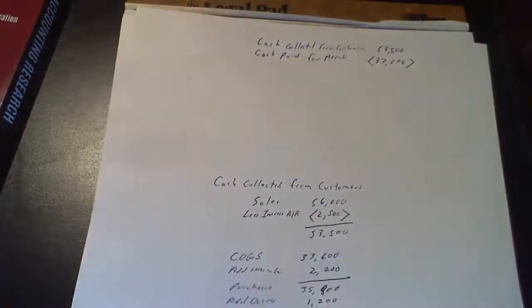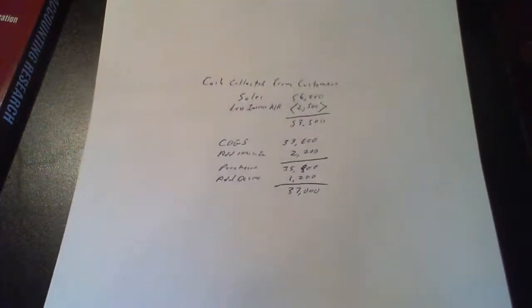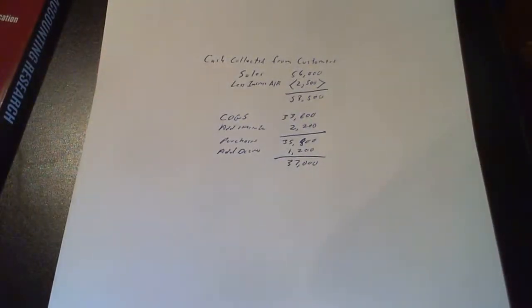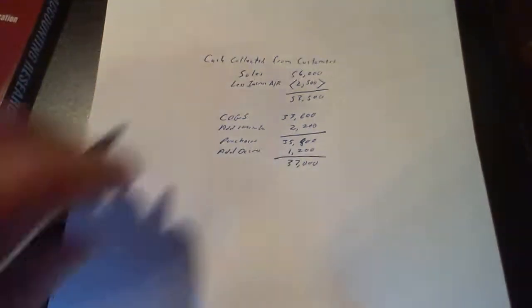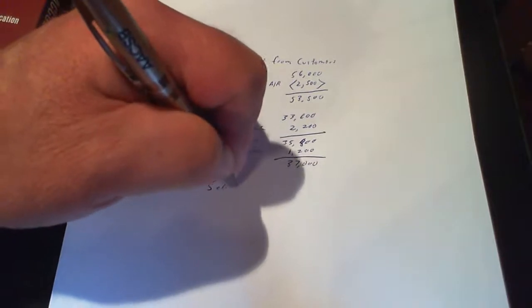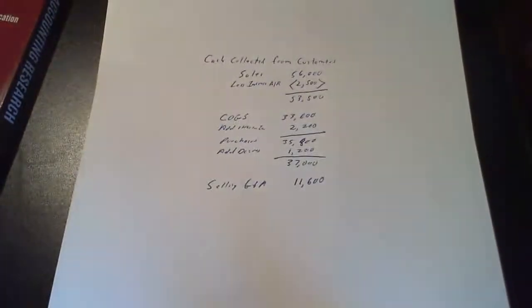All right. The next thing that we have is the cash that's paid to suppliers. I'm going to scoot this up a little bit so you can see that. The cash paid to suppliers. So we go down to the income statement. Selling, general, and administrative expenses were 11,600. All right, to that we have our prepaid expenses.